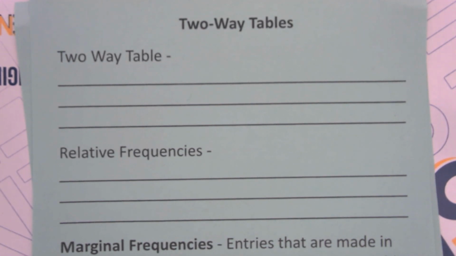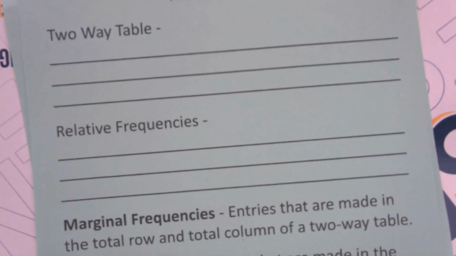Alright, so we're going to start off with just some definitions of two-way tables and relative frequencies. We talked about them throughout our lesson, but we didn't actually write them down and define them anywhere, so we're going to do that together now. Right.